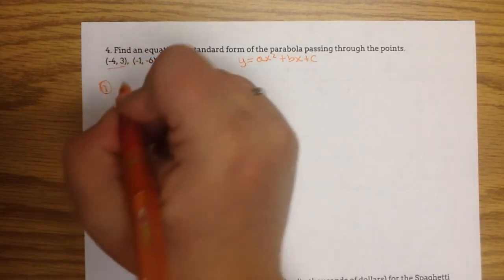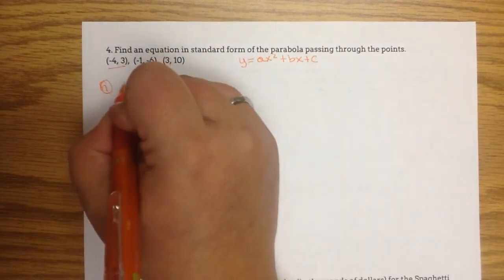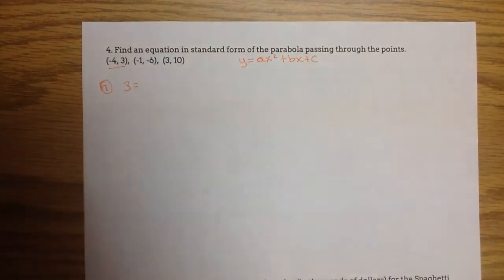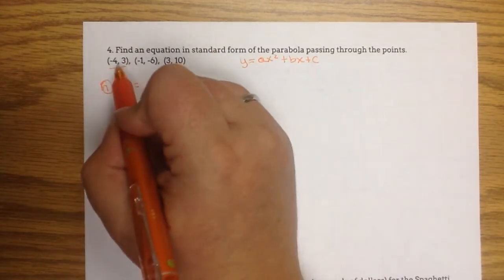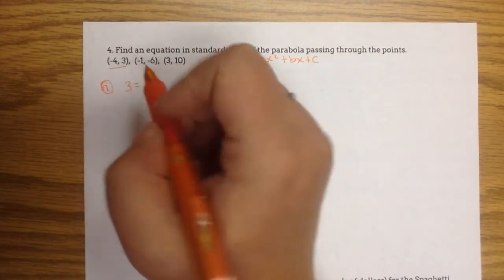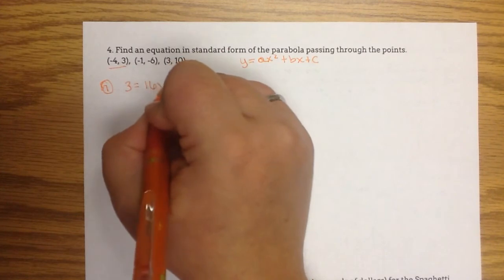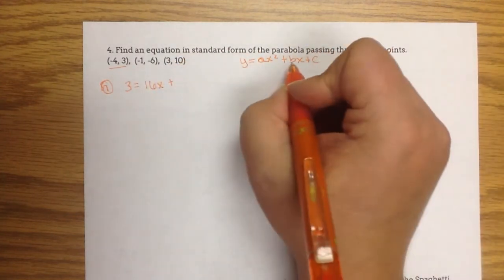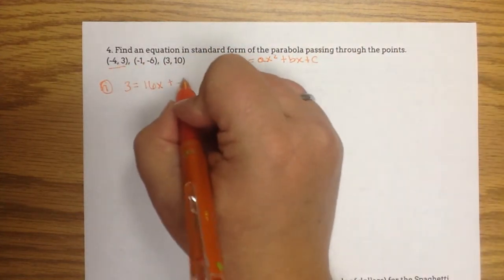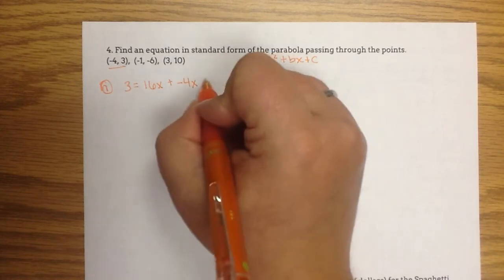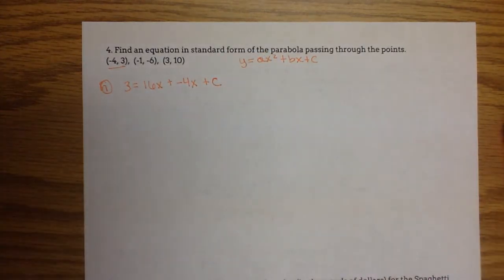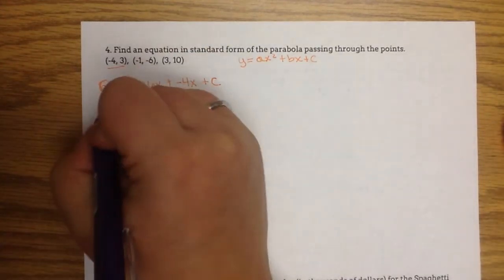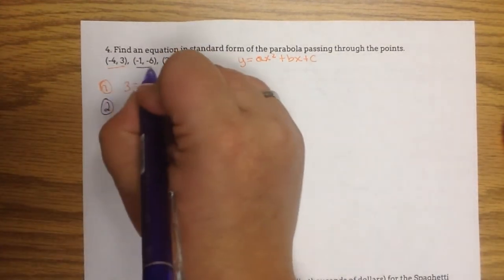Oops. So it starts with y equals, so 3 equals, then it's a times x squared. Okay, well this will be negative 4 squared, so that's going to be 16. And b times x, so negative 4x plus c. And my second equation, on this one I'm going to use this point.